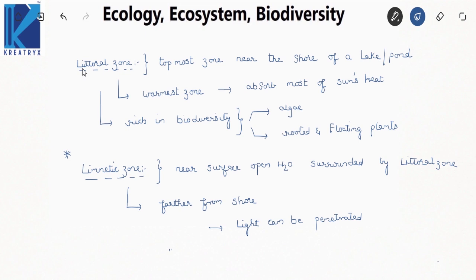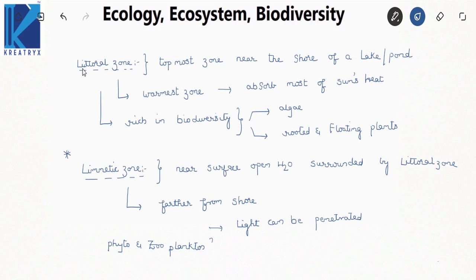This zone is occupied by phytoplankton and zooplankton. This phytoplankton and zooplankton can be observed in this limnetic zone.